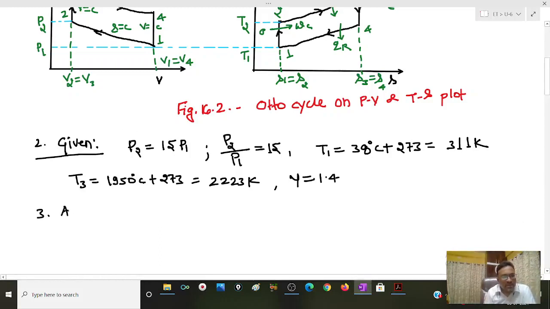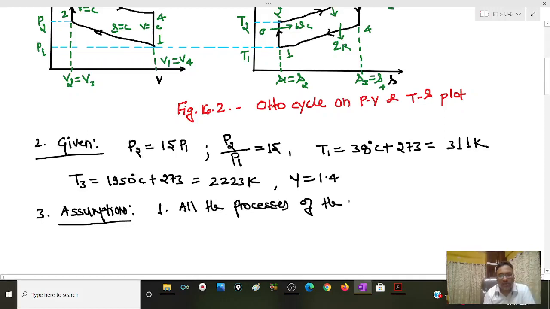After that, let us make some assumptions. Assumption number 1 here is all the processes of the cycle are reversible.